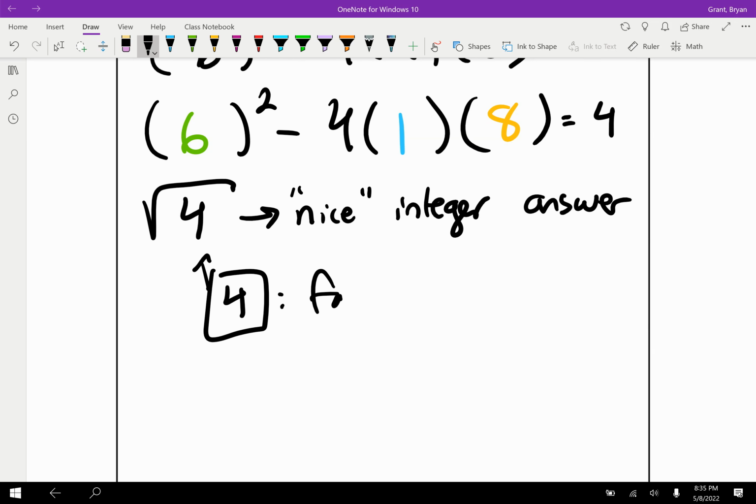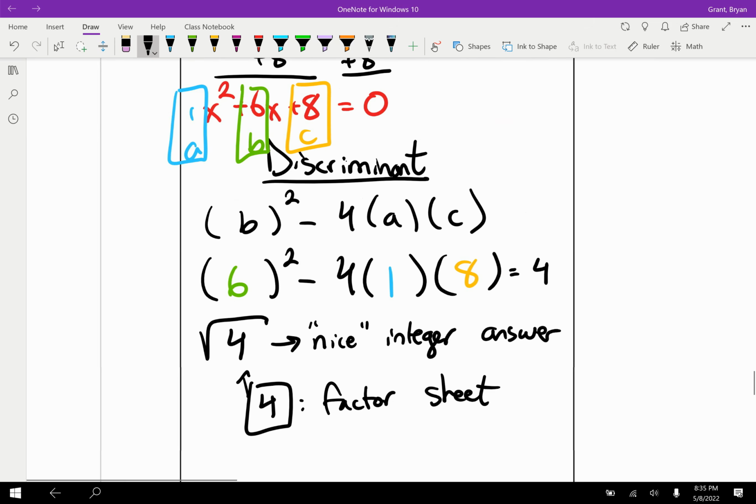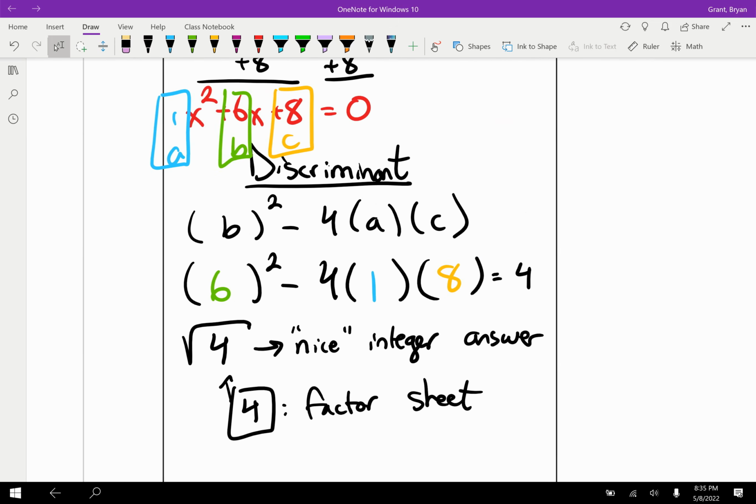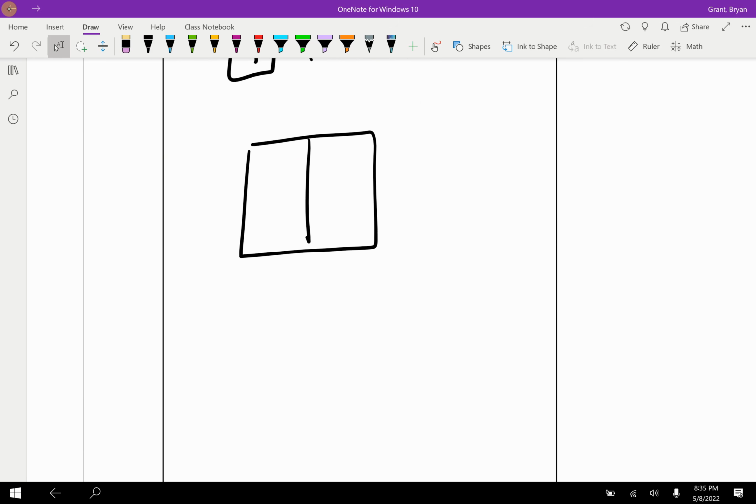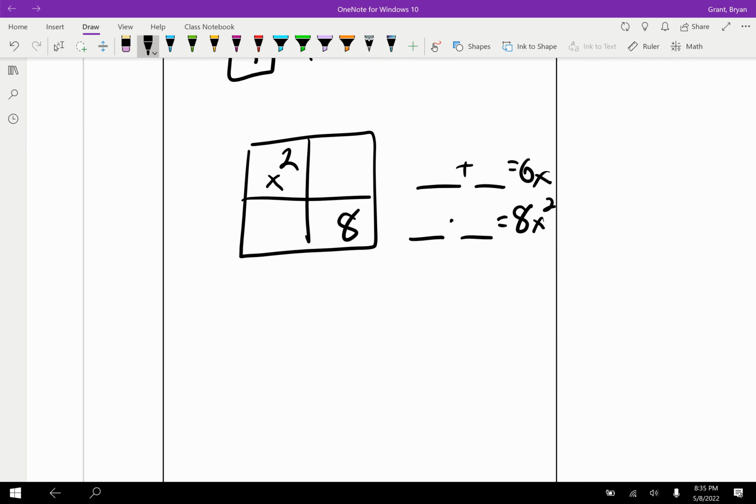And so what that means is we don't actually need the whole quadratic formula here. You could just use your usual actual box. You could say, I'm not using the quadratic formula, that takes forever. I'm just going to make myself a box, and I know it's x squared, 8, 2 numbers that add to make 6x, 2 numbers that multiply to make 8x squared, and go from there.